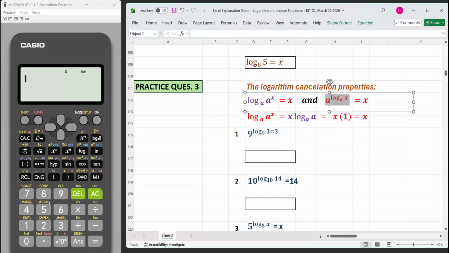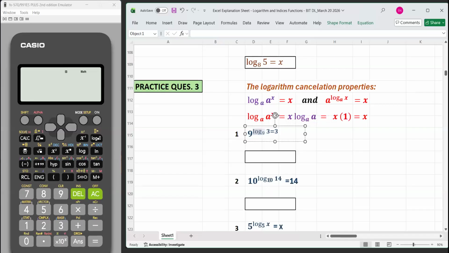So when we came here, we said 9 raised to the power log of 3 base 9. You see that the base of this log is the same as the base of the exponent. If this happens, the answer is always equal to the number you are evaluating the log of. So 9 raised to log 3 base 9, the answer is 3.